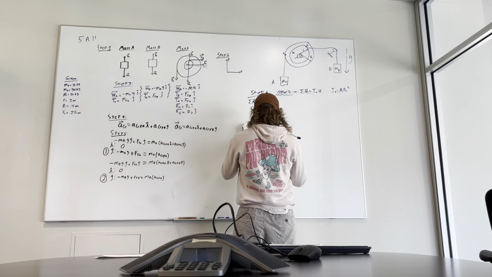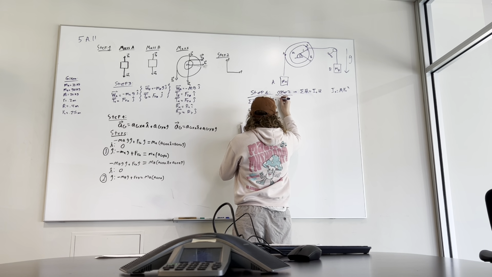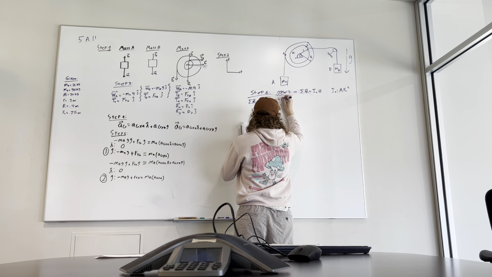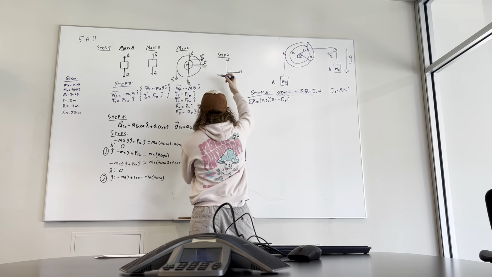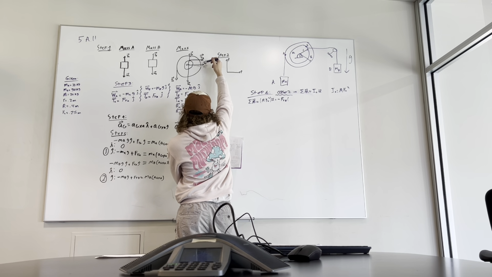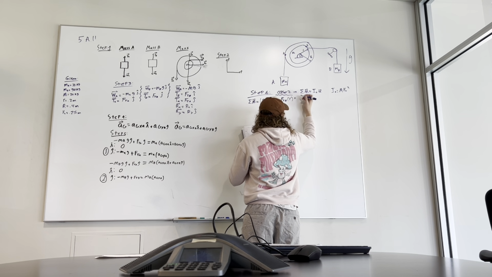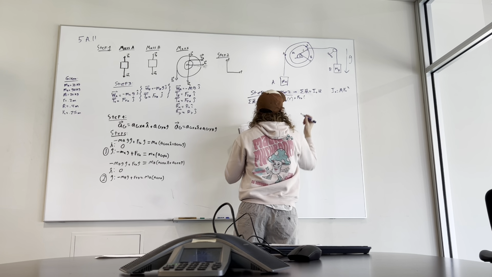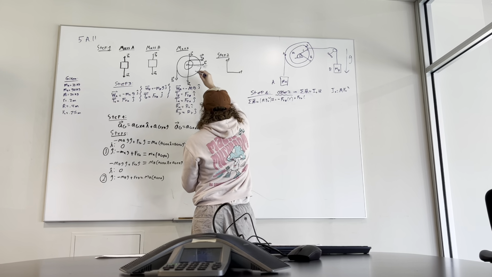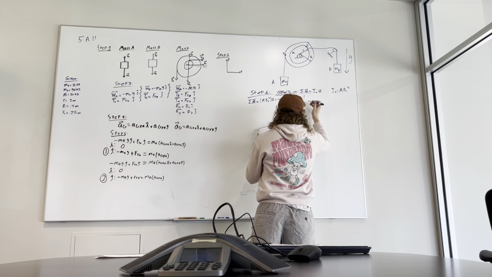So it would be negative FTB times the distance away, which in tension B is its little radius, so little r. And that would be plus FTA times its distance away, which would be big R, the full radius to the outside disk.